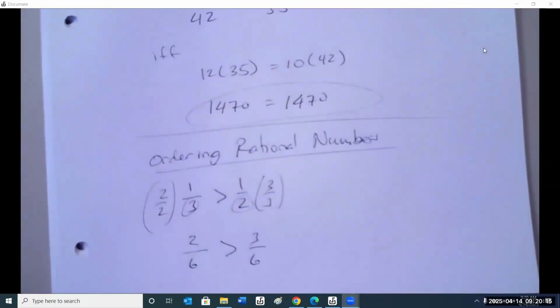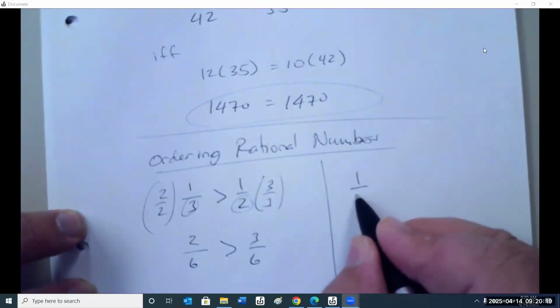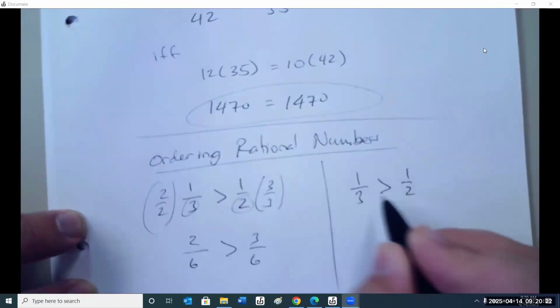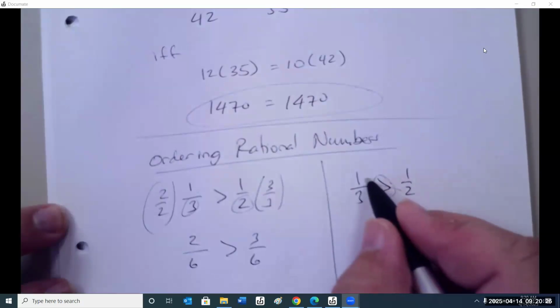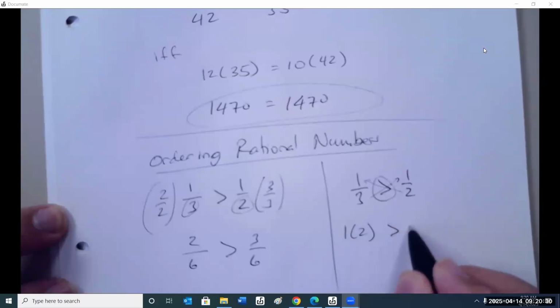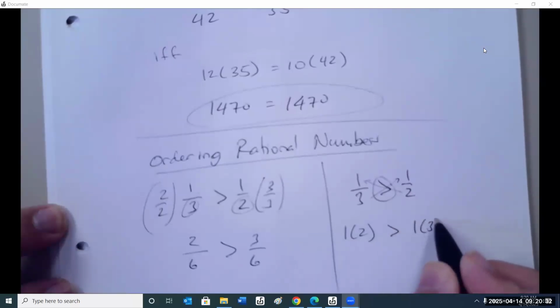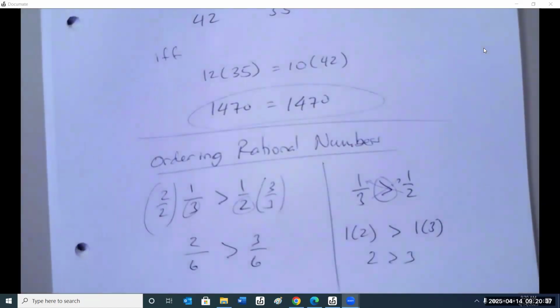No. Or another way we can do it, we can follow the same rule. Treat this as an equal sign. Cross multiply. 1 times 2, 1 times 3. Is 2 greater than 3? No. These are multiple ways you can do it.